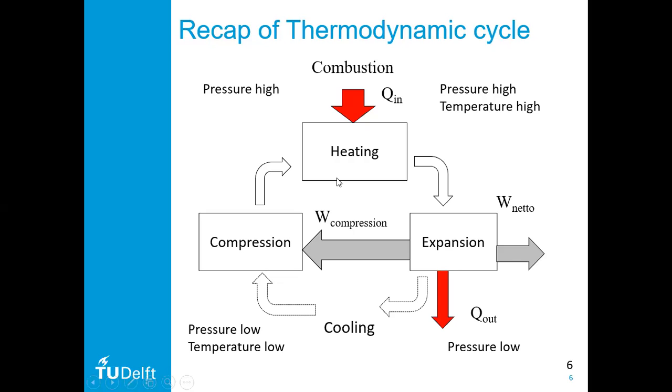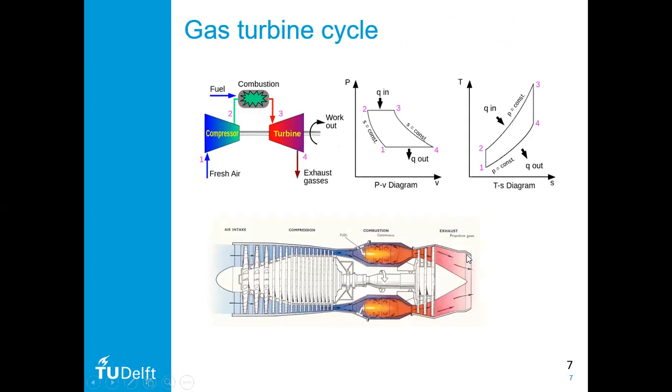The main things are compression, heating, and expansion. We saw this for the gas turbine, it looks similar. In the compressor of the gas turbine, we have more or less isentropic compression. If we look at the TS diagram, we go from 1 to 2 with isentropic compression. Then you have isobaric combustion from 2 to 3, so you add heat.